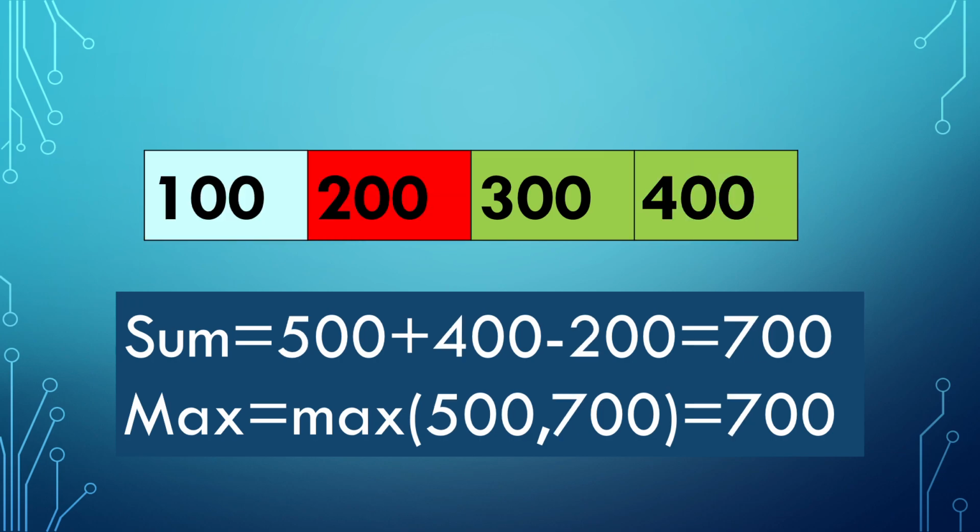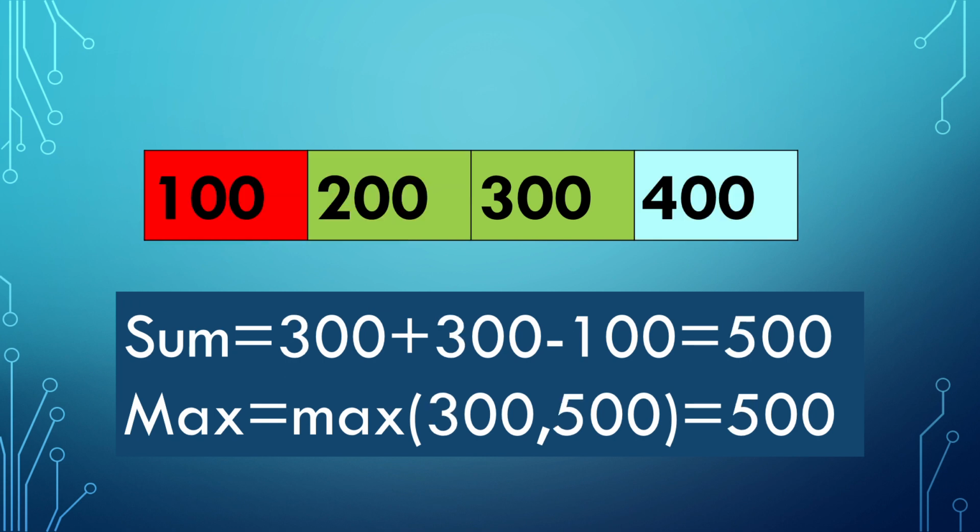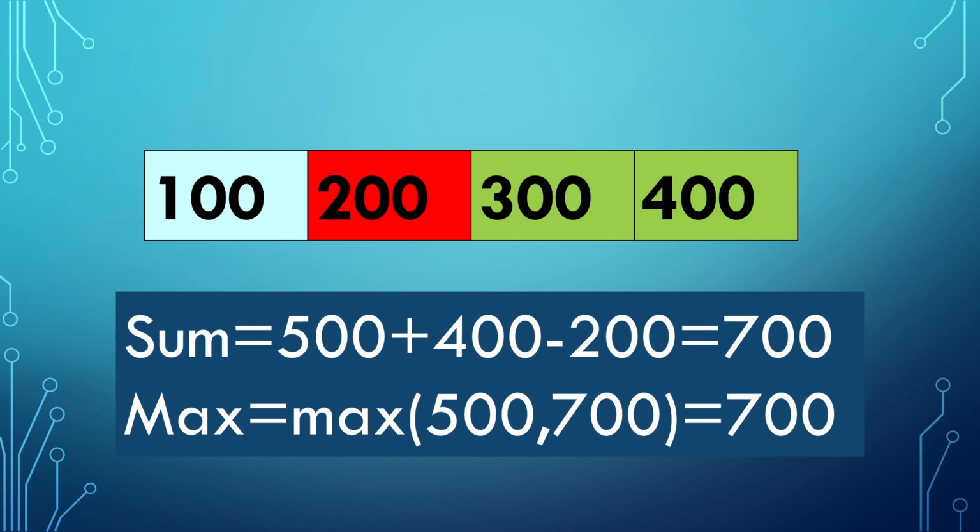So let's move on to our last step, where we are sliding our window again to 300 and 400. While sliding, we have our already computed sum as 500. From that 500, we are adding the newest value which is 400 and subtracting the oldest value in the window which is 200. So hence 500 plus 400 is 900, minus 200, we arrive at 700.